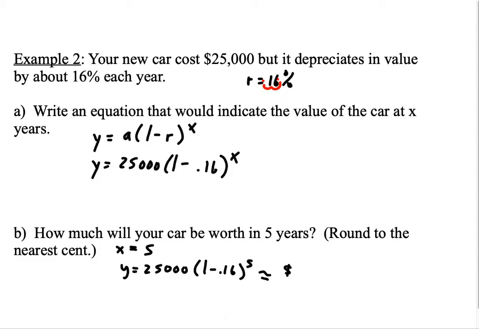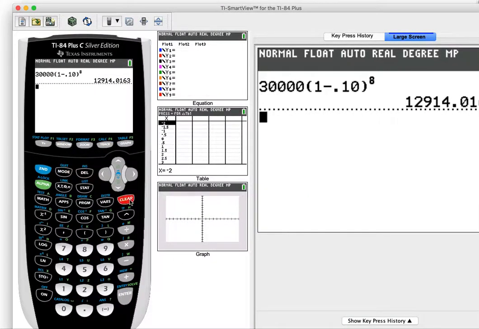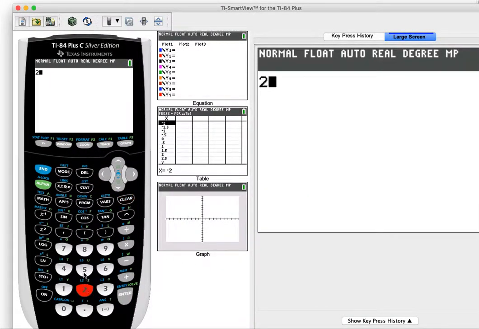So again, I'm just going to plug this right into my graphing calculator here, or just a regular calculator. It doesn't have to be a graphing calculator. So 25,000, parentheses, 1 minus 0.16, and then caret key, and then it's 5 years.